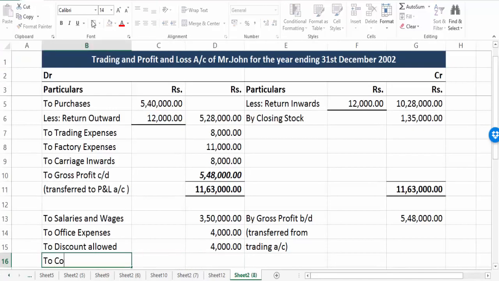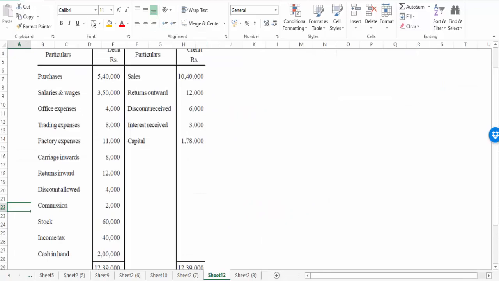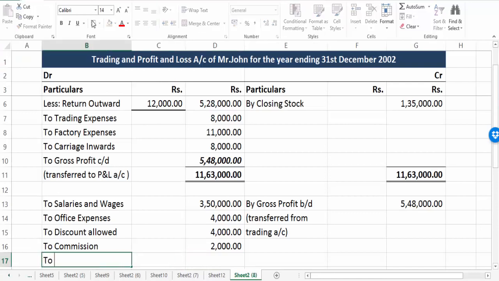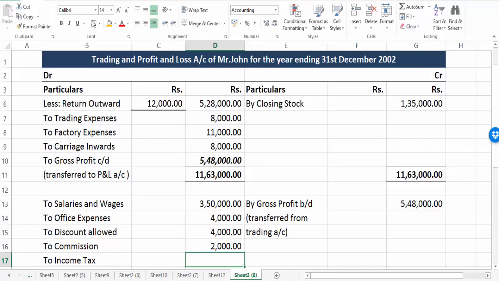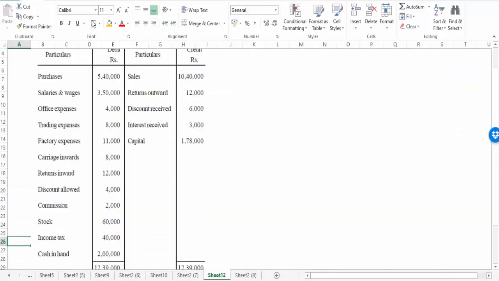Discount allowed 4,000. So we'll say to discount allowed, it's 4,000. Then we have commission of 2,000. We'll say to commission of 2,000. Then stock we have covered. Income tax, yes, we can provide for that. To income tax, assuming it's a tax on this profit, it's 40,000. Then cash in hand is an asset, it will not appear.